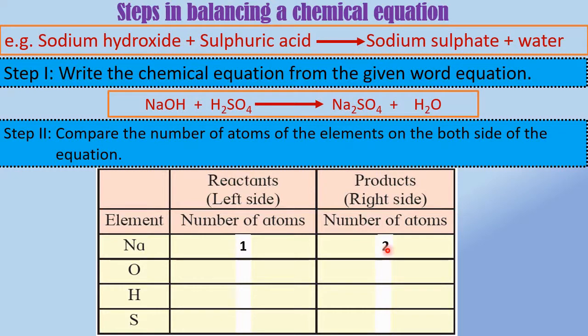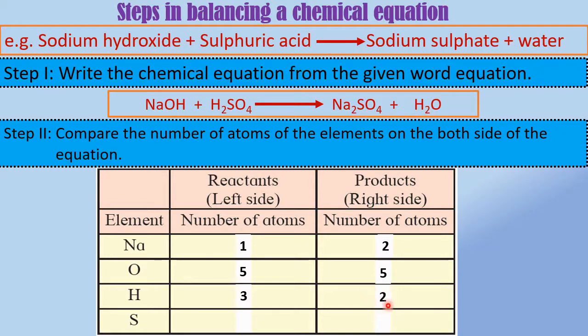Number of atoms of oxygen on reactant side are 5 and the number of atoms of oxygen on the product side are also 5. Number of atoms of hydrogen on reactant side are 3 and the number of atoms of hydrogen on product side are 2.